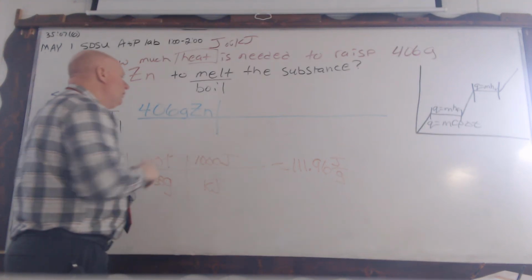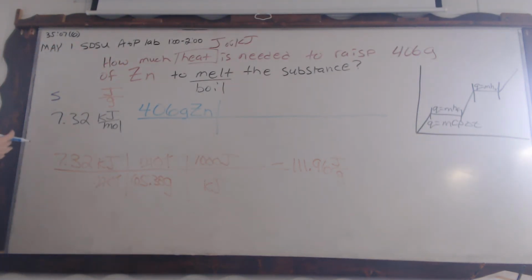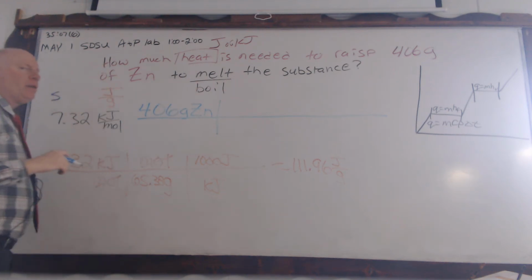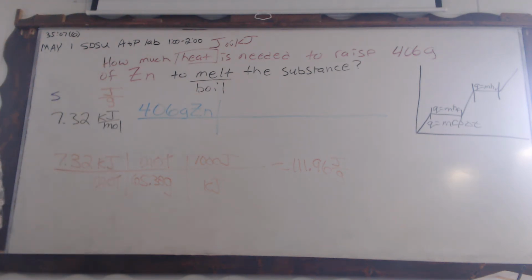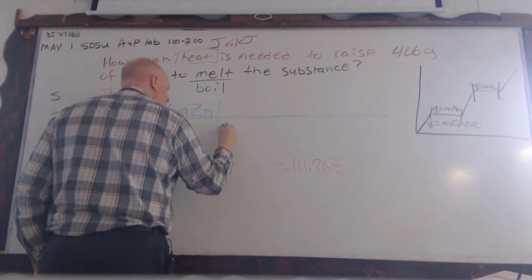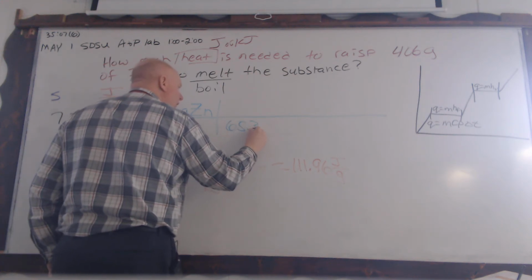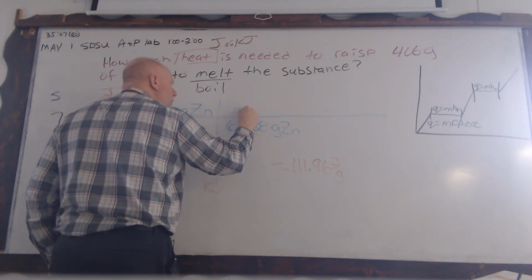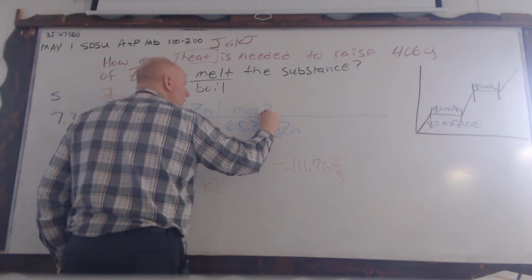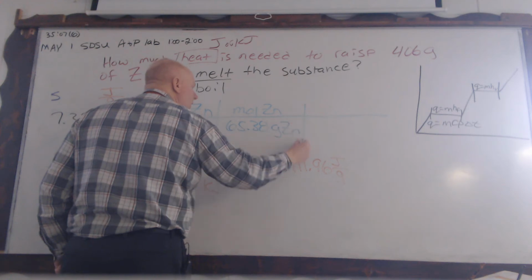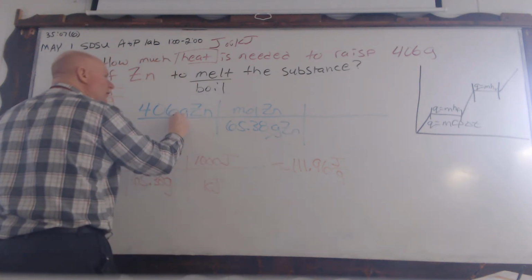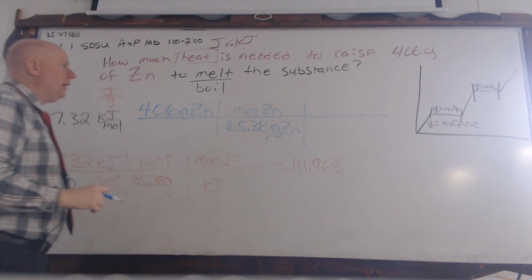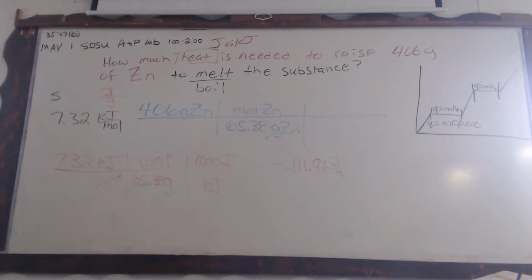Remember when we're saying heat, it has to be joules or kilojoules. We need to get rid of that gram. So 65.38 grams of zinc would give us a mole of zinc. So we've canceled those out. We've got this mole on top, so we have to get rid of that now.